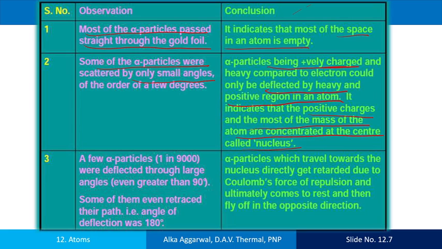Very few alpha particles were deflected through large angles. It shows that alpha particles which travel towards the nucleus have their speed decreased due to the force of repulsion, and finally they come to rest and move in the opposite direction.